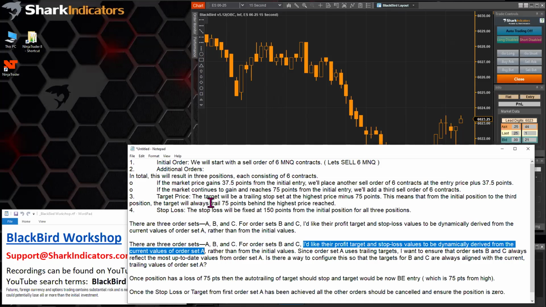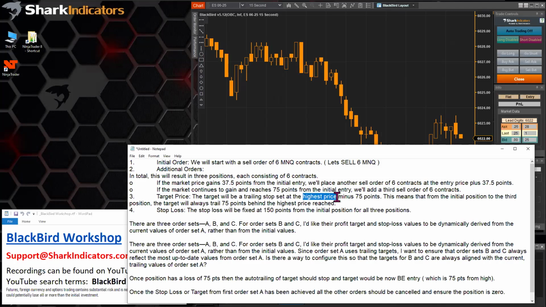But since the targets are all being based off of price, they're all going to be automatically synchronized there. Okay, let's see here.